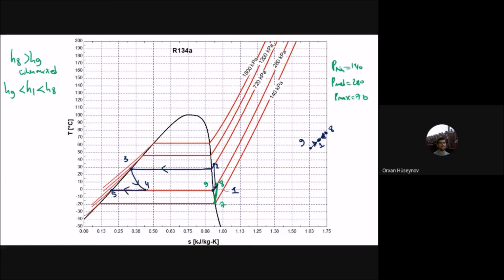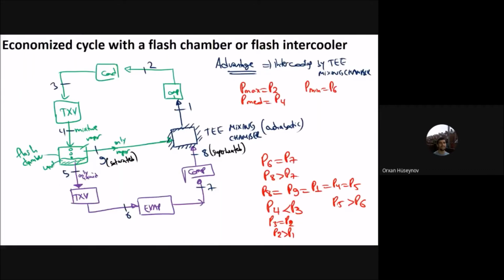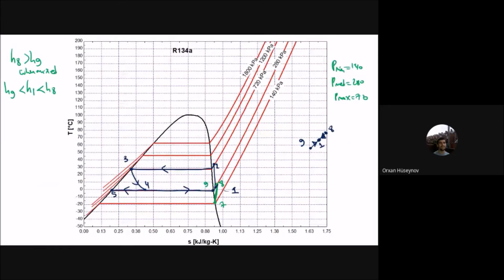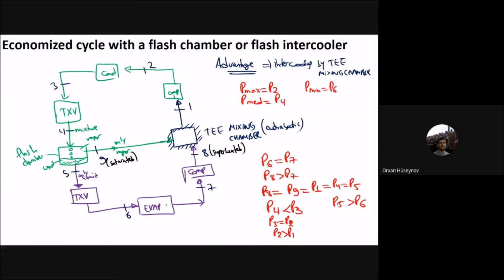This is 5, and then you will have this as 9. Then from 5 to 6, you will have the thermal expansion valve again. I will just draw the 5 here, and then 6, you will have the thermal expansion valve again. And from 6 to 7, you will have this.